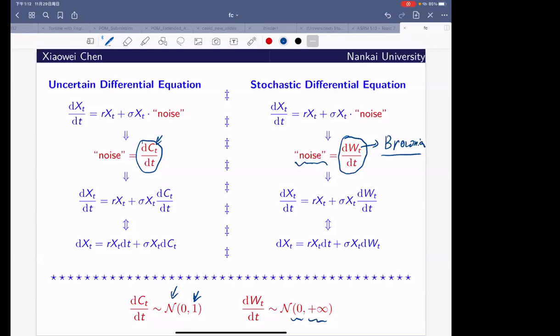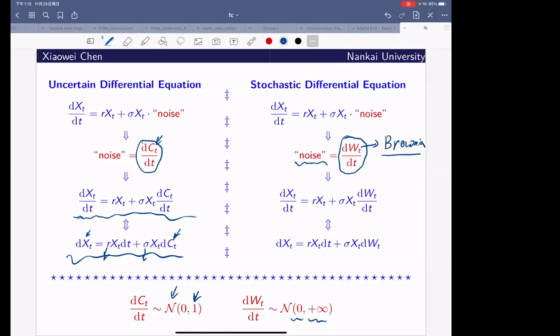Based on this model, Professor Liu created the uncertain differential equation theory. So here is the uncertain differential equation. We often use X_t to represent the asset price, where r is the drift, sigma is the diffusion, and C_t is a Liu process.